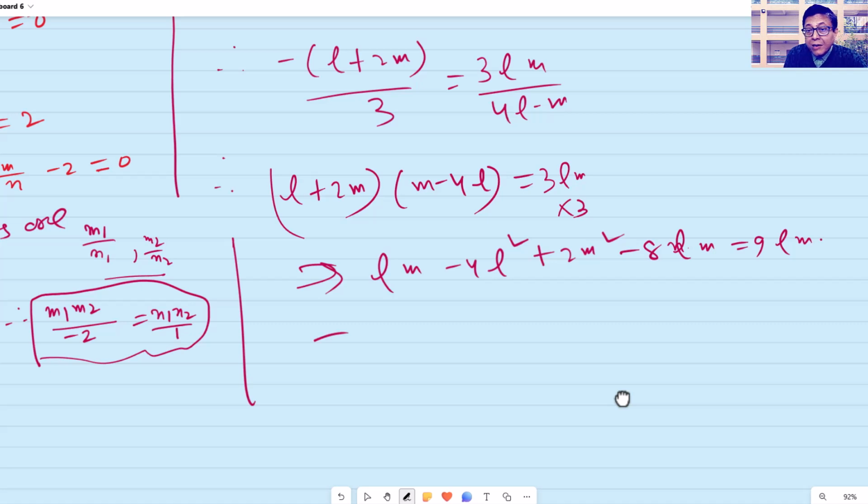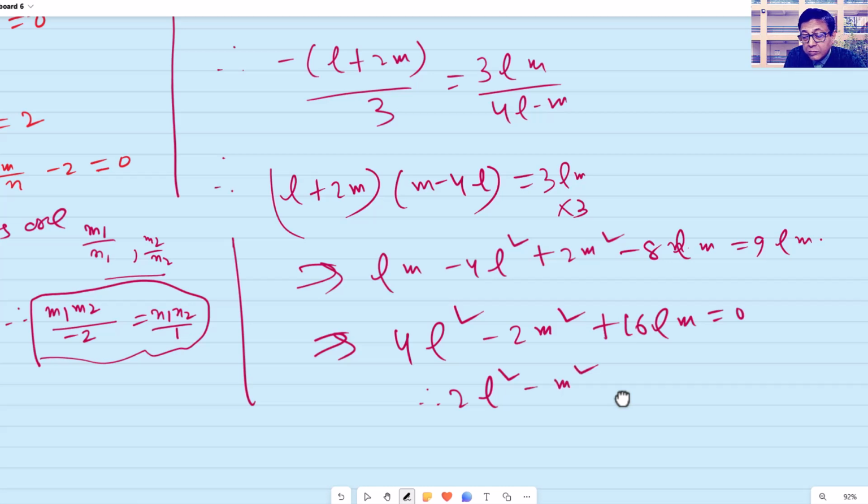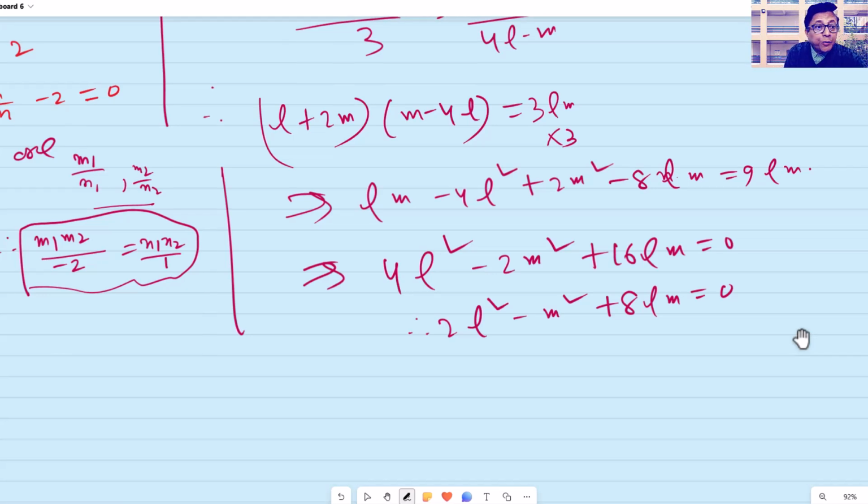So this will give us 4l square, 17 minus, that is 16 lm equal to 0. Okay, this is going to be a quadratic equation of L by m here.